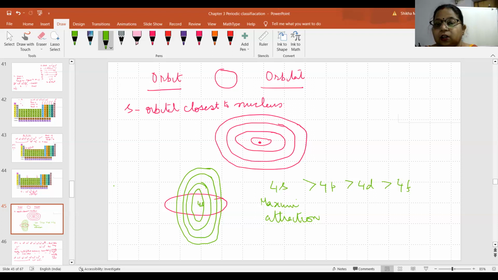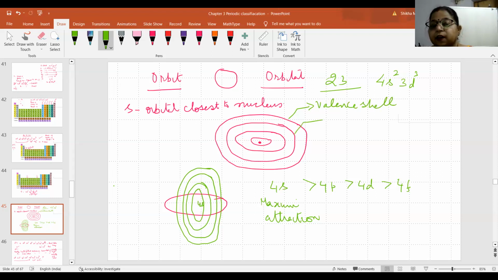Now, talking about the configuration of 23. 23 was telling us in the end what we were having: 4s2, 3d3. The outermost shell, whatever shell number it is, is known as the valence shell. This we all know. A valence shell or valence orbit.